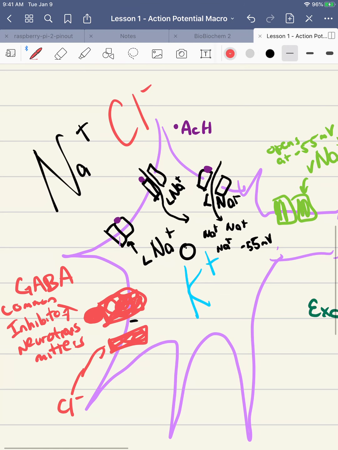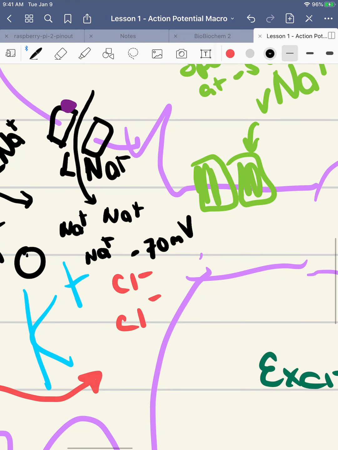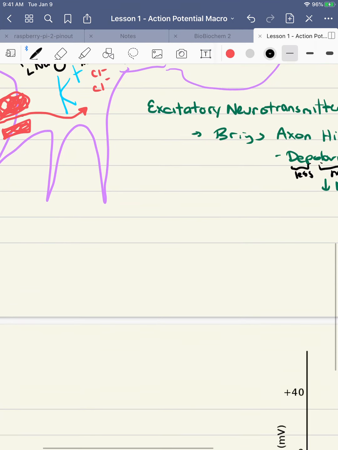And since there's a lot more chloride on the outside of the cell relative to the inside of the cell, chloride will come in. If enough chloride diffuses into the region of this axon hillock, and let's say we start off again at resting membrane potential, which is negative 70 millivolts, this will become even more negative.